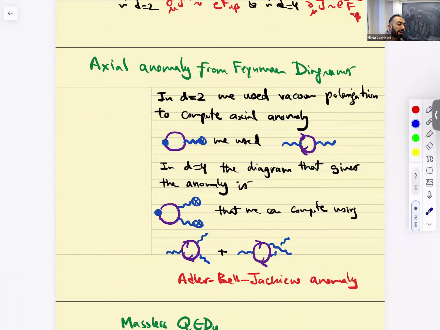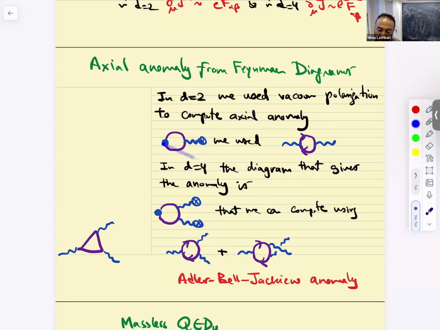Sometimes this is called the triangle diagram. Is it clear why? Because people draw it this way and I didn't. This is the triangle diagram. It's still a fermion running in the loop, but there are three external legs.